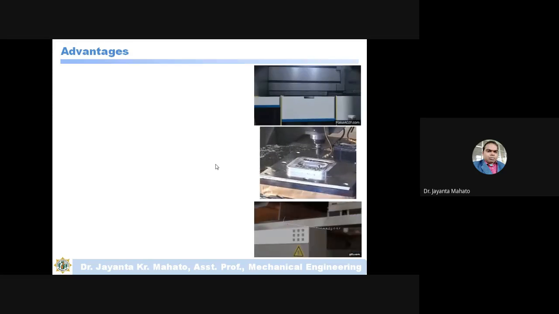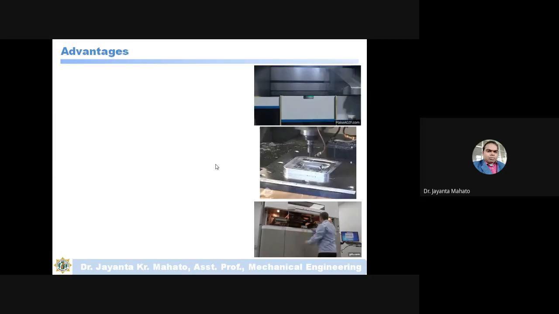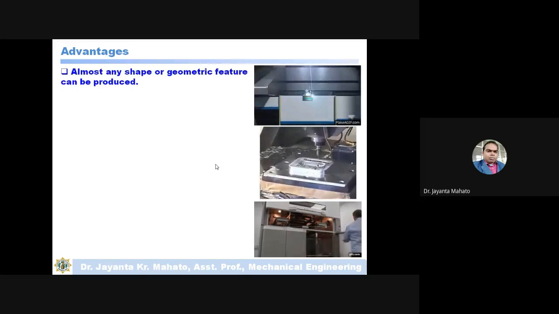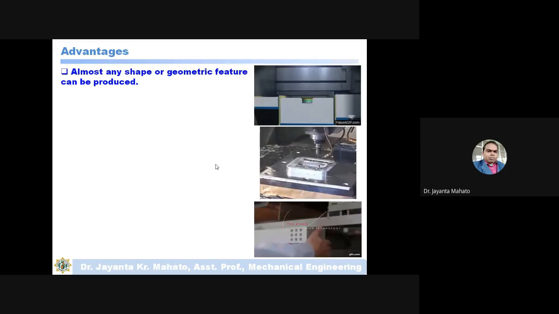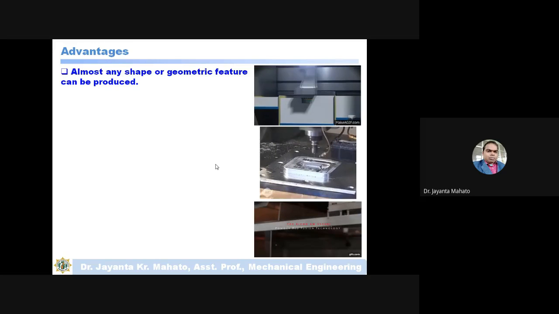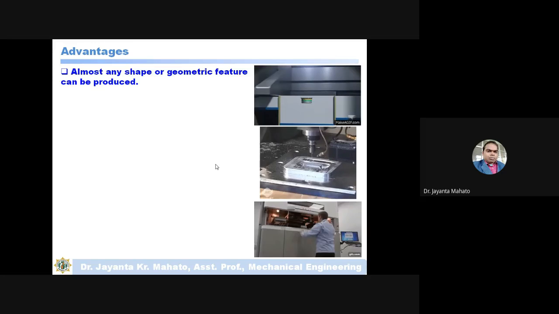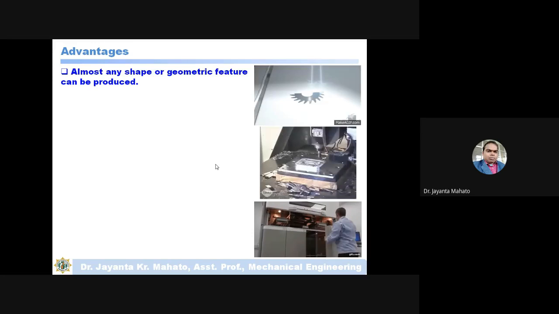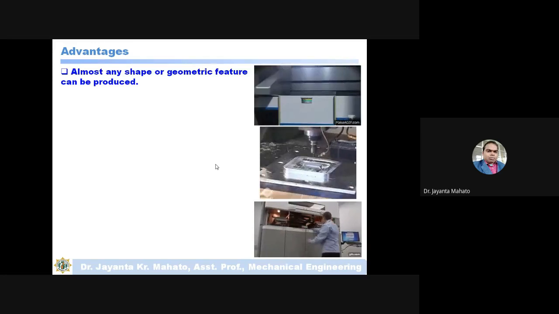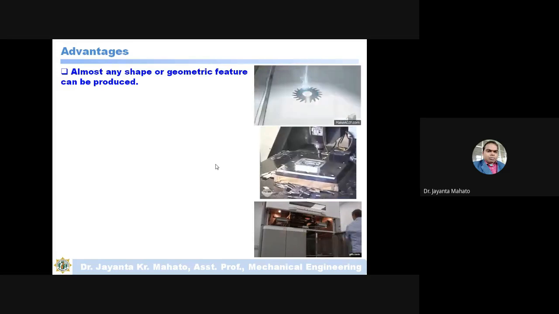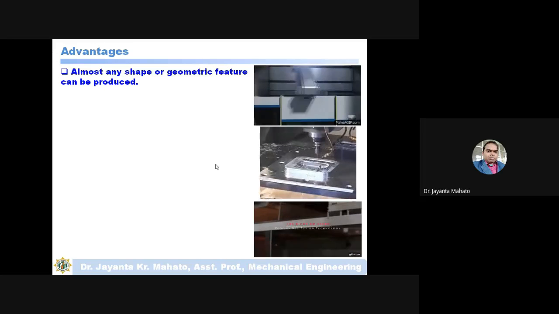So what are the advantages of this manufacturing process? It has a wide range of advantages. Almost any shape or geometry feature can be produced by this manufacturing process.